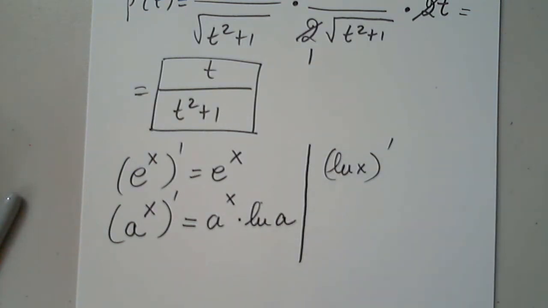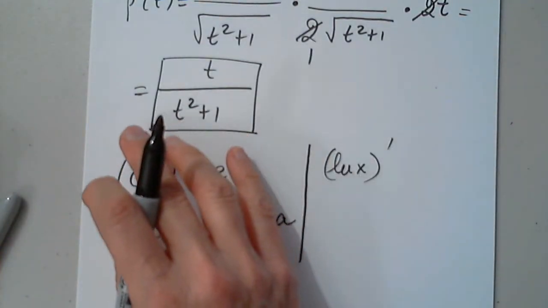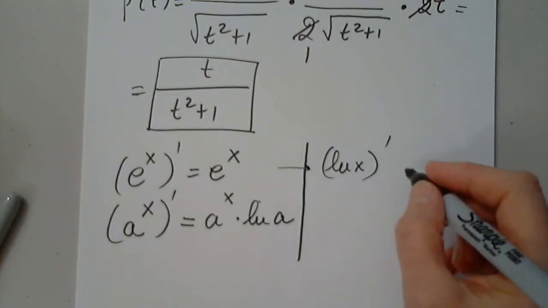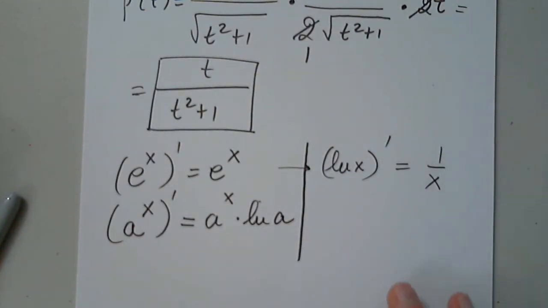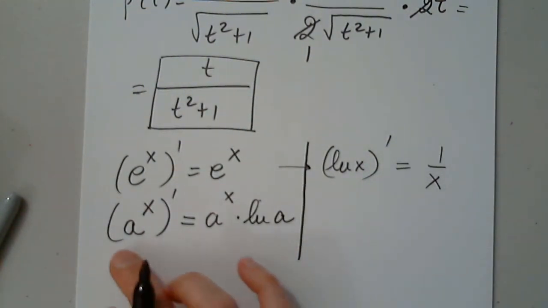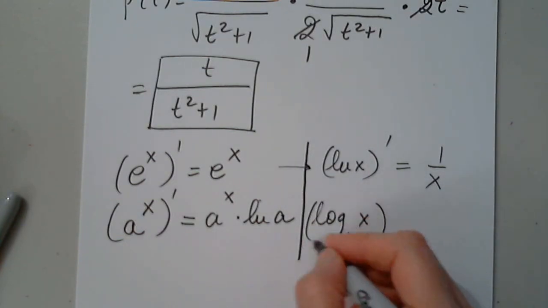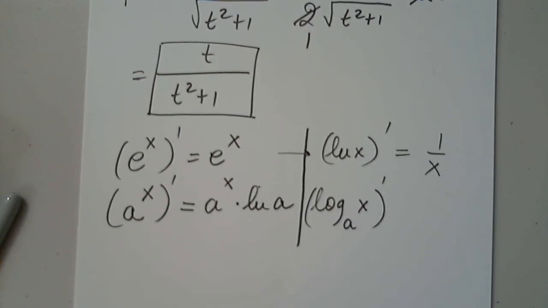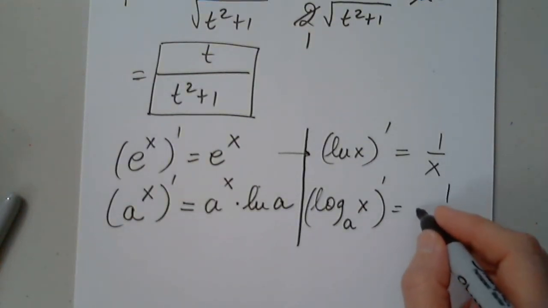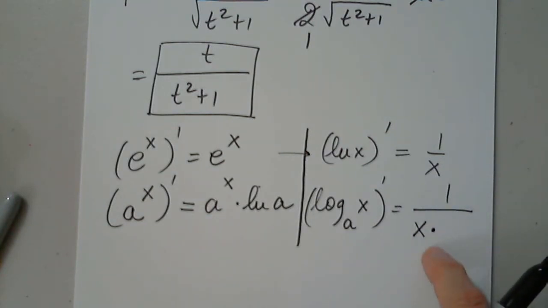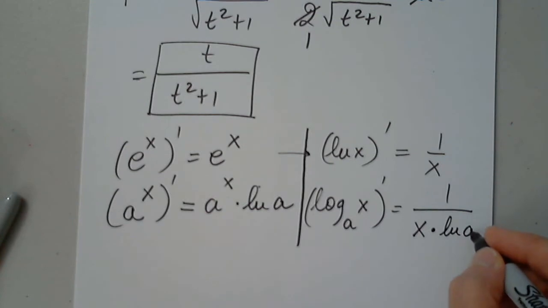Very good. Similar situation we have with natural log. So these are somewhat related, right? So this prime is 1 over x. But now, if I have log base a of x prime, what will happen here is this will be 1 over x times, in the denominator, natural log a.